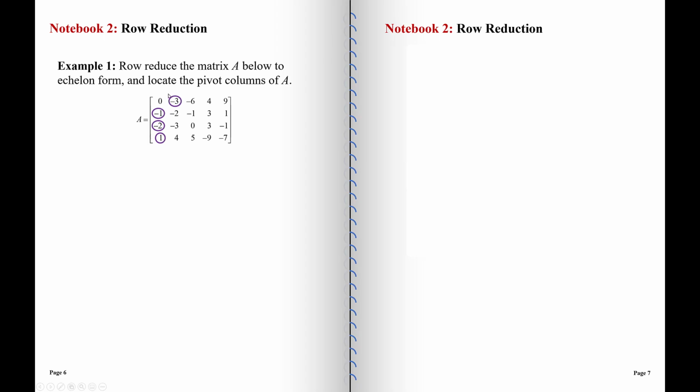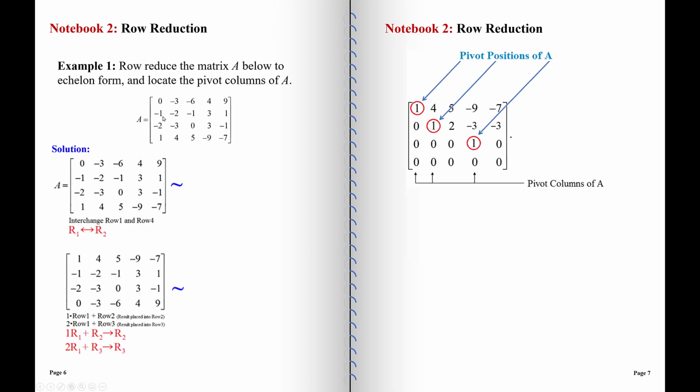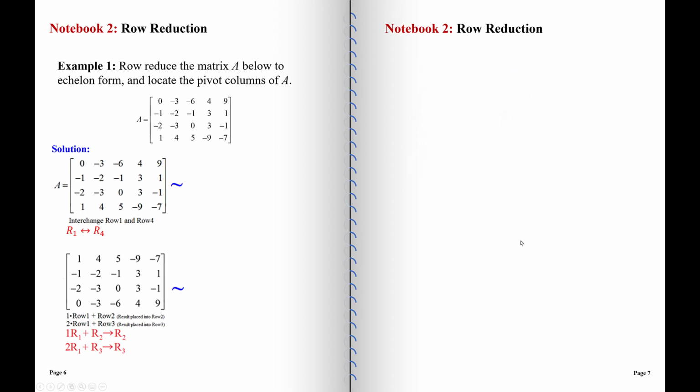Would we say that there's a pivot in the second column and first column? Not by this logic, because this matrix is not in echelon form. Therefore, we cannot say that the leading entries are where the pivots would be. And also, you would never have 2 pivots in the same column, right? That's a consequence of that stair-step aspect, part B of the row echelon form definition. Let's move on.